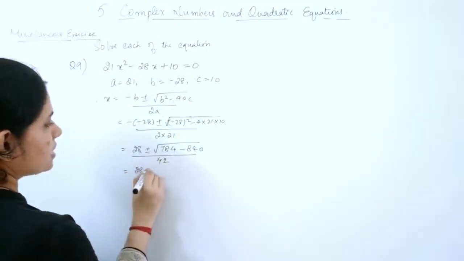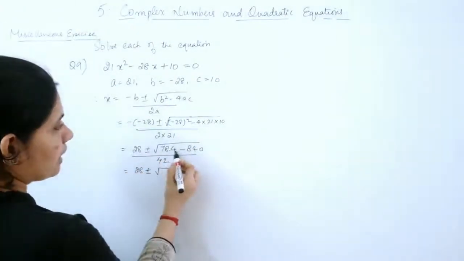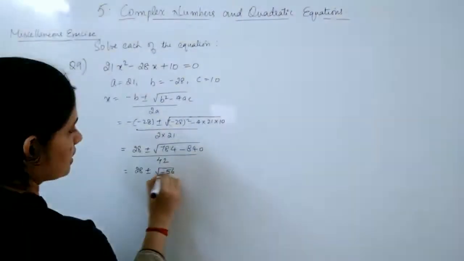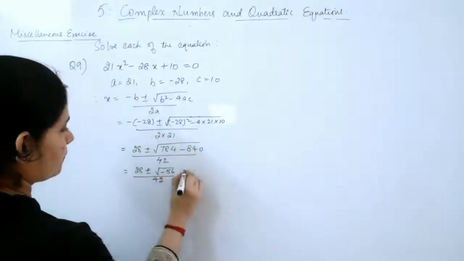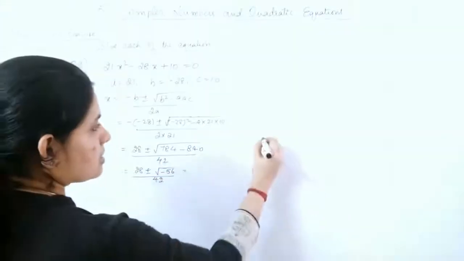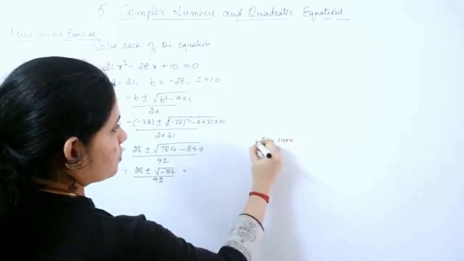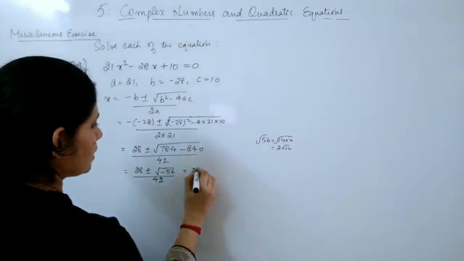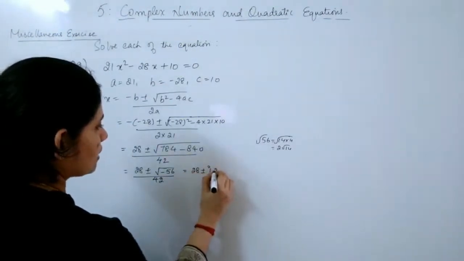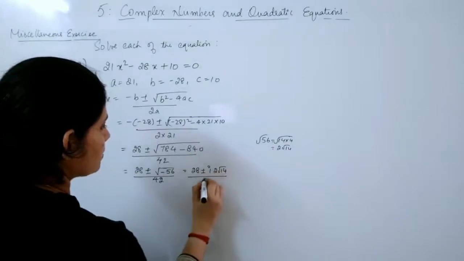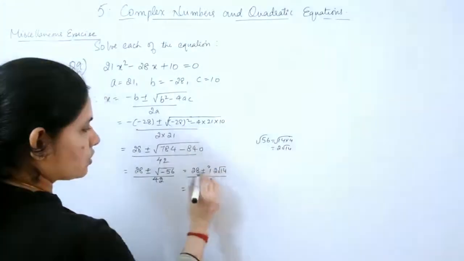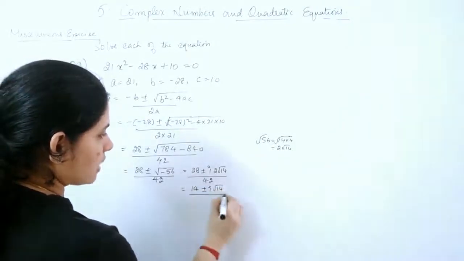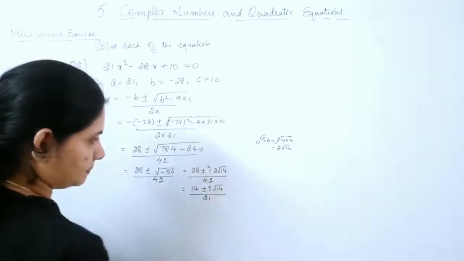So that it is 28 plus or minus root of 840 minus this will give you negative 56 divided by 42. Now 56 can be written as 14 into 4. So root of 56 will give you 2 root 14. So you have 28 plus or minus I 2 root 14 divided by 42. You can cancel throughout with 2 so that this will become 14 plus or minus I root 14 divided by, this will give you 21.